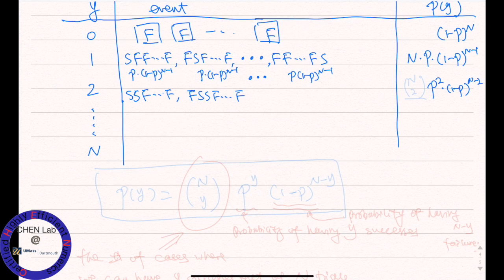You get 2 successes and n minus 2 failures. And what's left is to figure out how many. Above is easy.